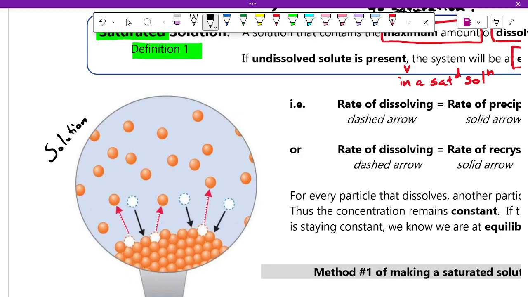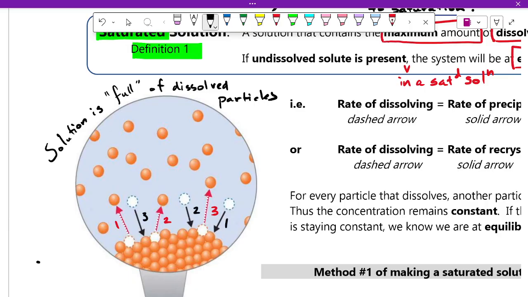Yes, all the hotel rooms are booked. All the hotel rooms are full. So anytime a guest checks into the solution, another guest has to check out of solution. 1, 2, 3.